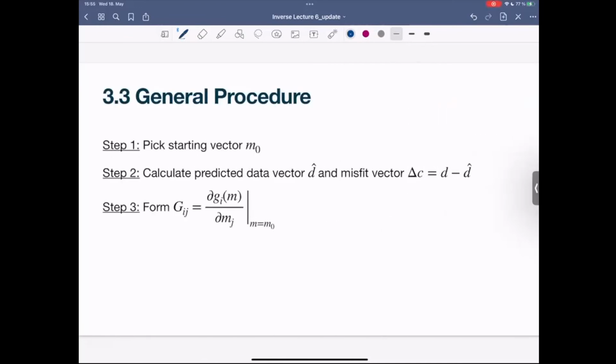We then form Gij as the matrix of first order derivatives of the Gi of m with respect to mj evaluated at our starting vector M0.